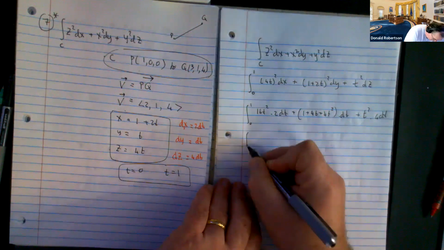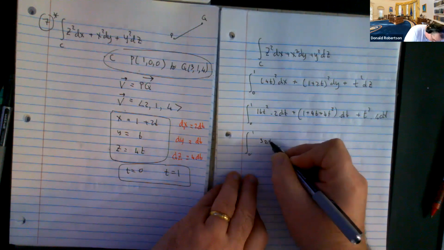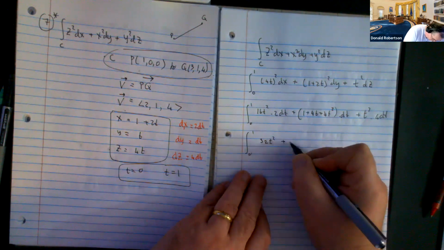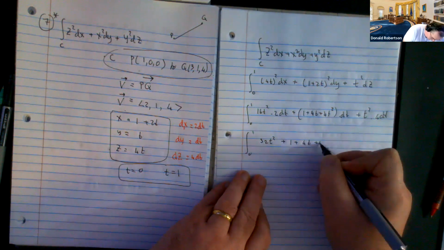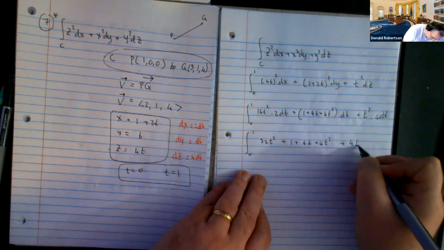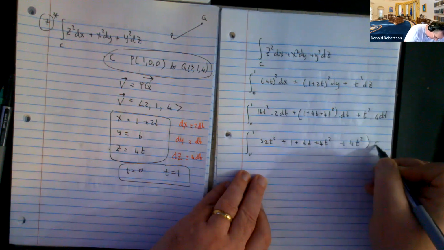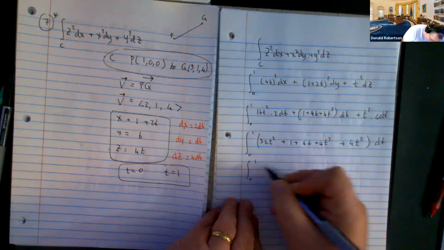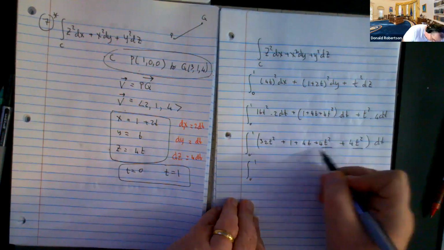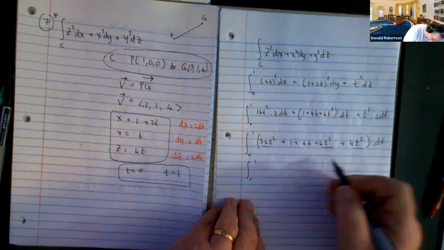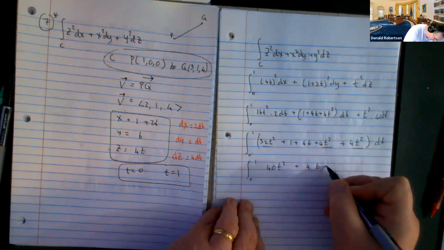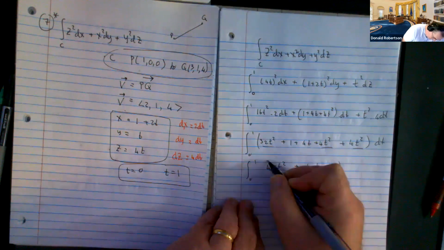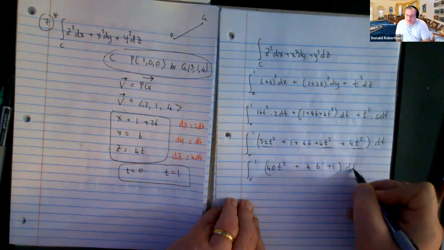I'm going to have 32t squared plus a 1 plus a 4t plus a 4t squared plus a 4t squared dt. What have I got? That guy, and that guy gets me 40t squared plus a 4t plus a 1. And at that point, I'll finish.